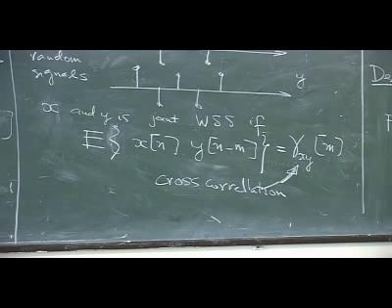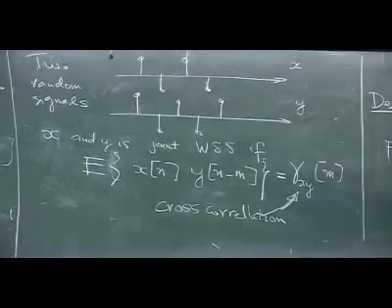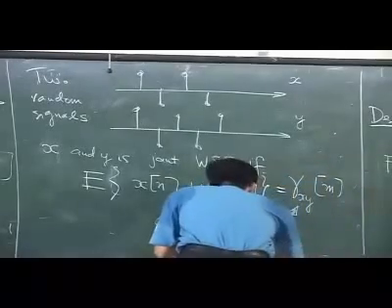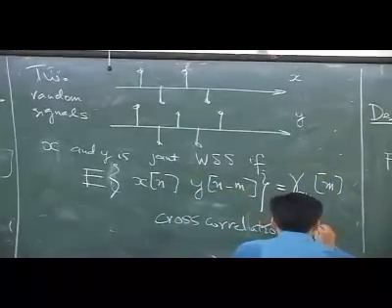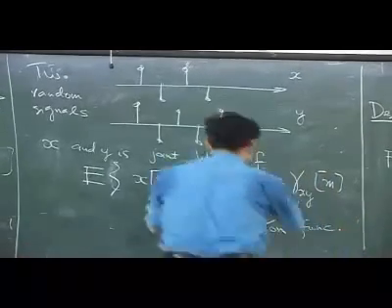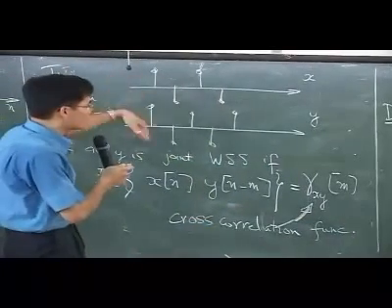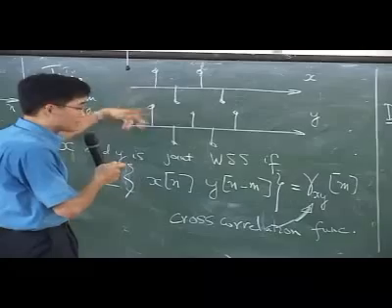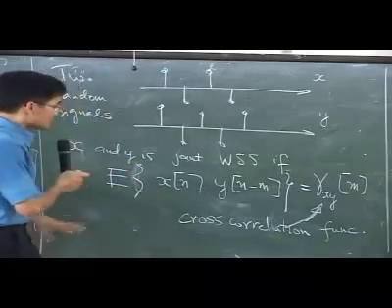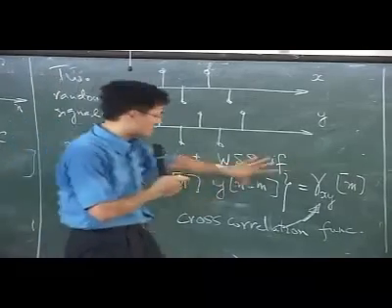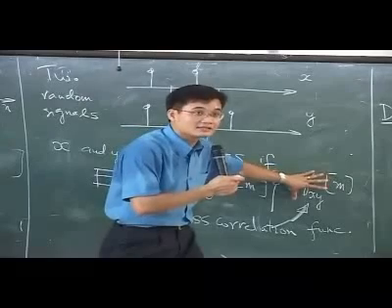We do define the cross-correlation function. To describe the relationship between two random processes or random signals, many times it is good enough to just have this.